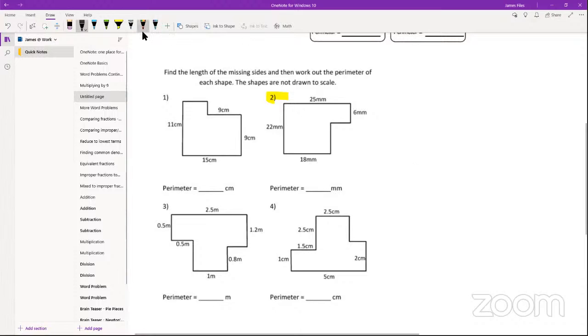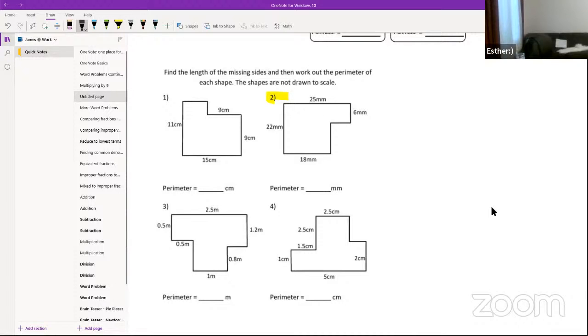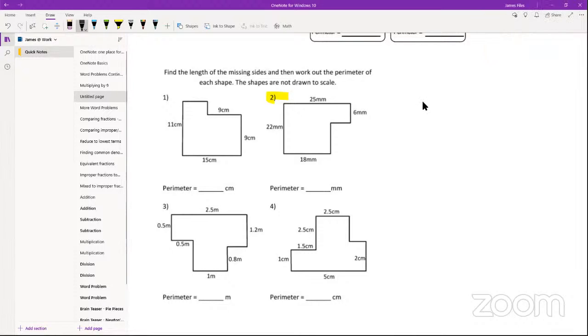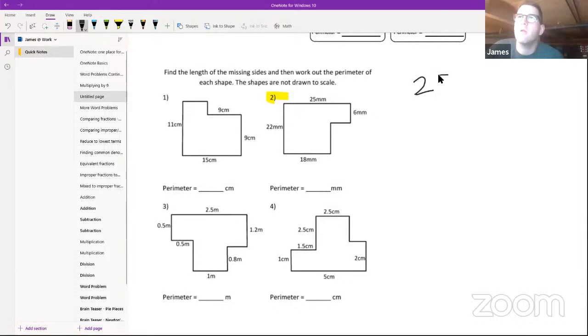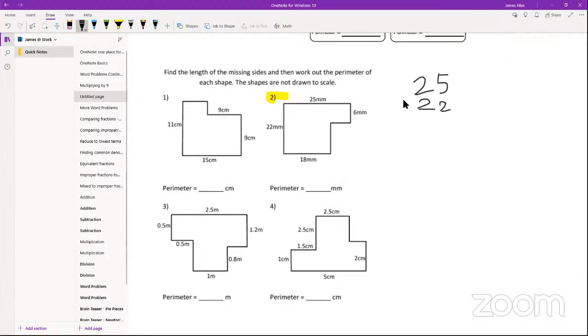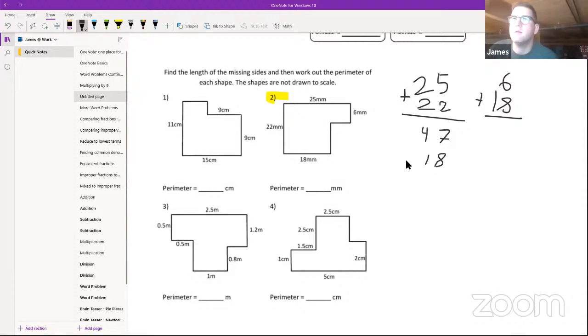So I think how we could do this is that I would add 25 plus 22. And then what would you do? And I would add 6 and 18. So that's 47. And then I do 47 plus 18.